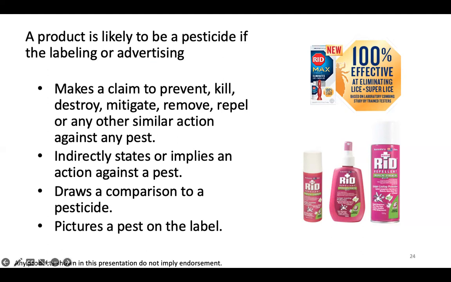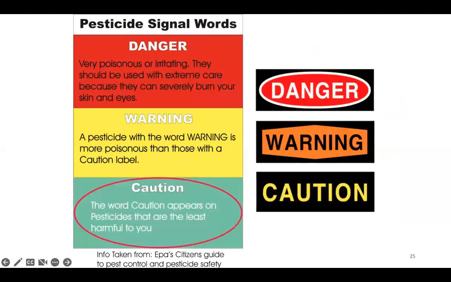Also, if it directly states or implies action against a pest, draws a comparison to a pesticide, or pictures a pest on the label. So when you see all those claims on a product's label or advertisement, those products will be considered a pesticide. And here's the info taken from the EPA Citizens Guide to Pest Control and Pesticide Safety.